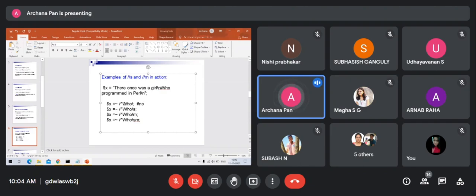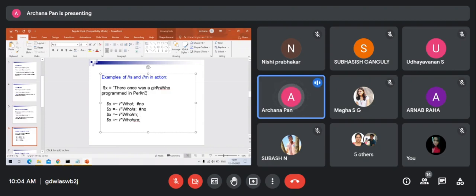So if you do not give any modifier, it won't change, and you will not get any match. With the s modifier also, no role, so there will be no match. With the m modifier, it will match because the m modifier is changing the rule of caret.